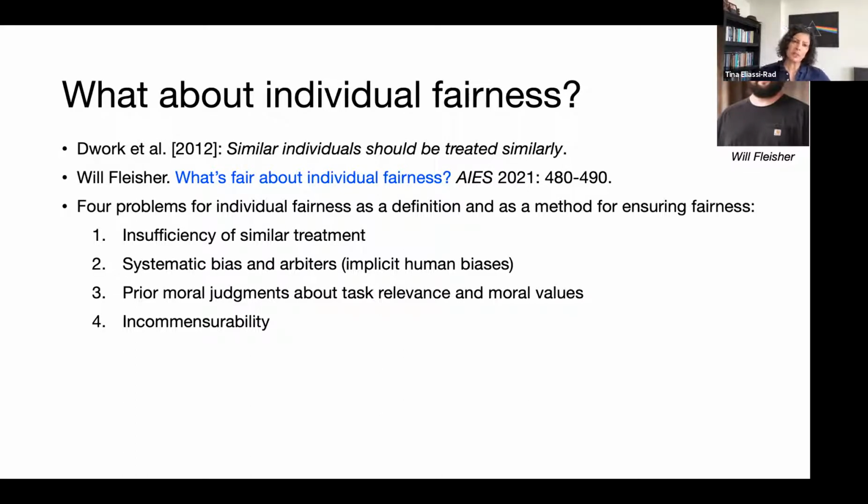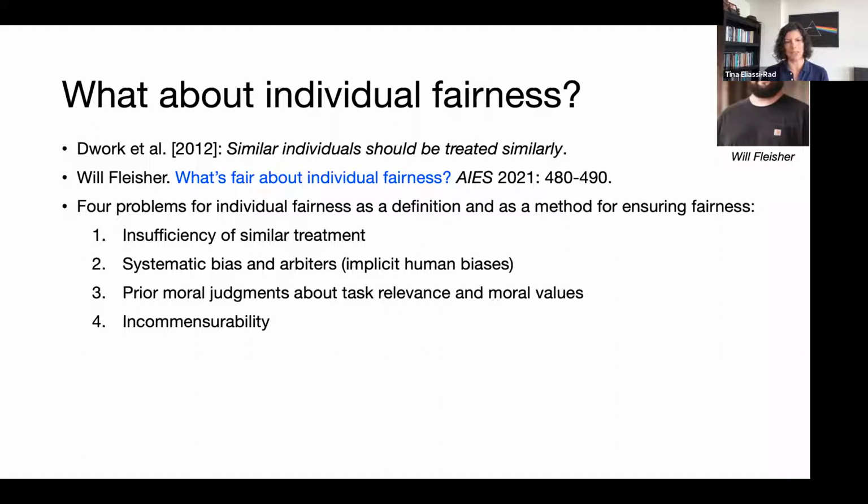One is that just because you and I are treated similarly doesn't mean that in the global picture we're being treated fairly. The other one is that there's systematic bias in terms of how you decide who's similar. The other one is that you have to come up with features in terms of task relevance, and right there you are going to put some moral values on that, and perhaps your moral values are not the right moral values.